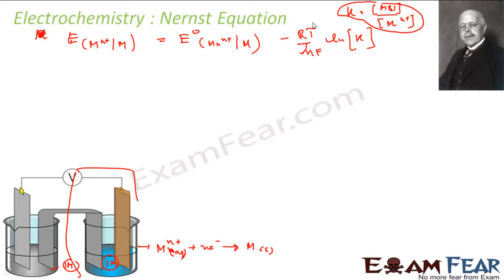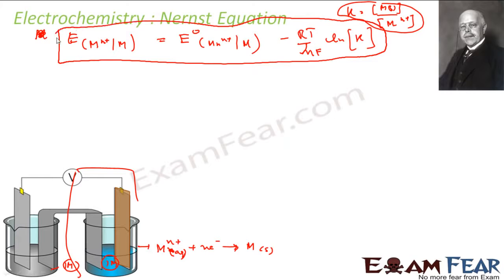This is the equation which was derived experimentally by this scientist, and it's a very, very critical equation. It says that the electrode potential at any concentration is given in terms of the standard electrode potential, which we generally measure using SHE, the standard hydrogen electrode.